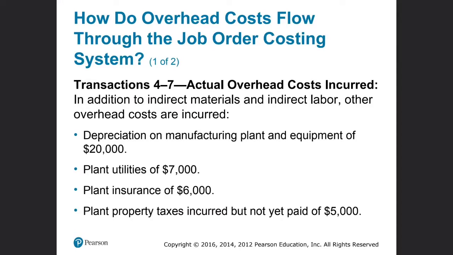Here we've incurred depreciation on manufacturing plant and equipment of $20,000. We have plant utilities of $7,000, plant insurance of $6,000, and plant property taxes incurred, but not paid yet, of $5,000.